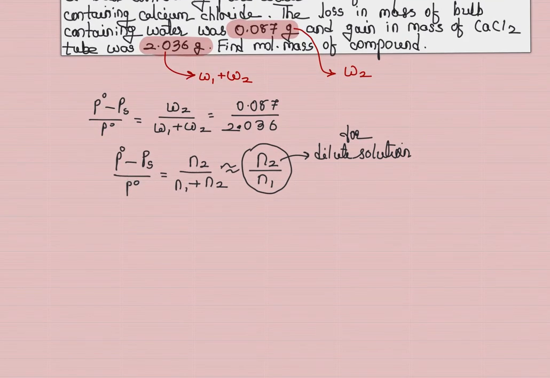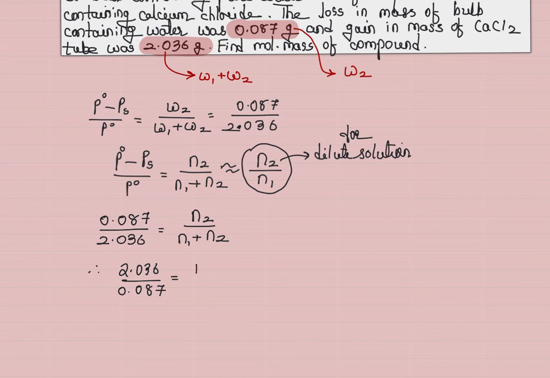So now we have 0.087 upon 2.036, which is equal to N2 upon N1 plus N2. To simplify this, can we do one thing? 2.036 upon 0.087 should be equal to N1 plus N2 upon N2, which is nothing but N1 by N2 plus 1.